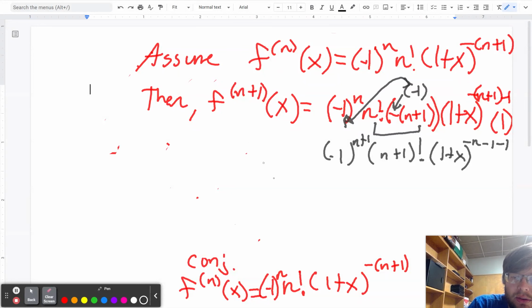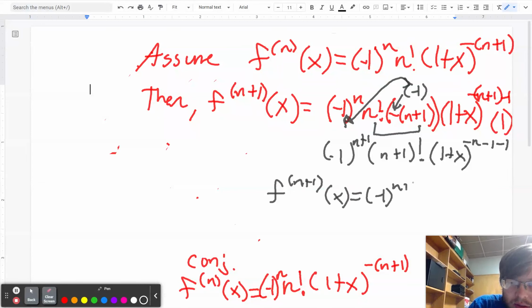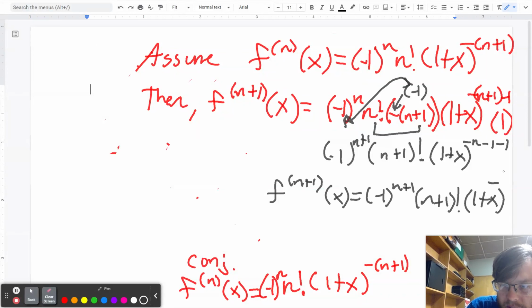And so altogether then, we have that the n plus 1 derivative is what we wanted. Negative 1 to the n plus 1, n plus 1 factorial, 1 plus x to the negative n plus 2. So we're done.